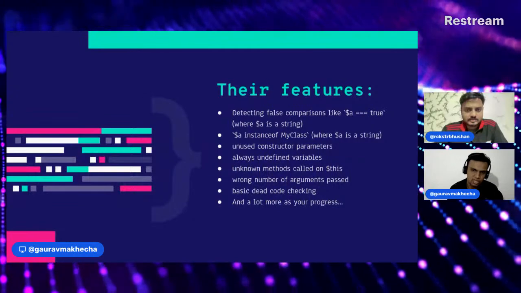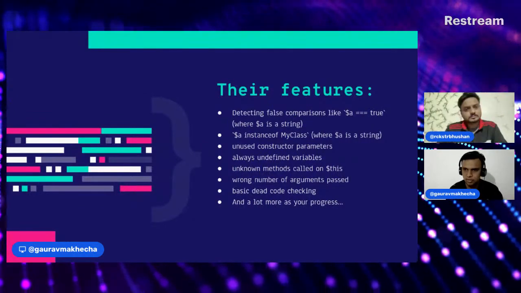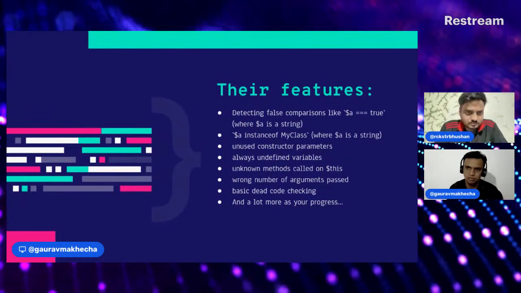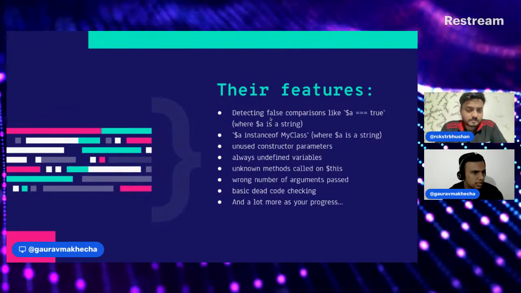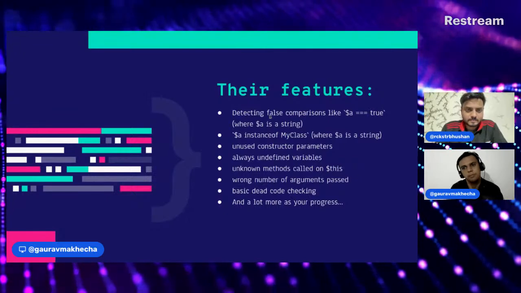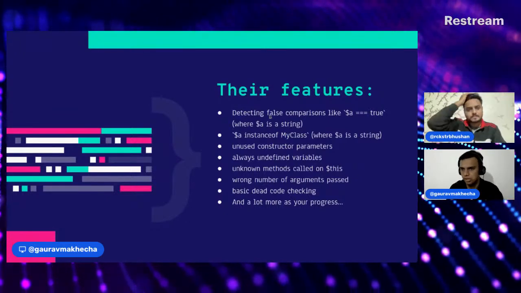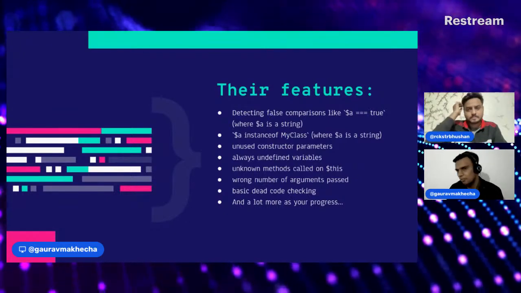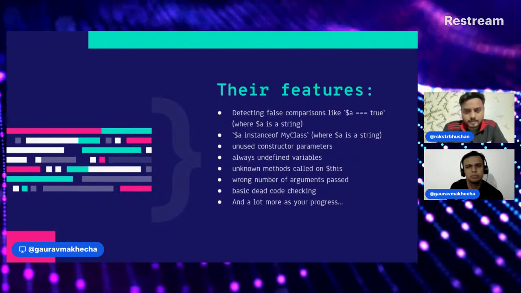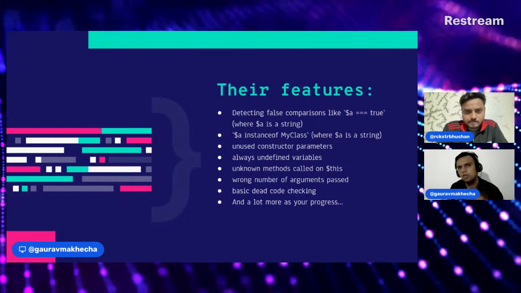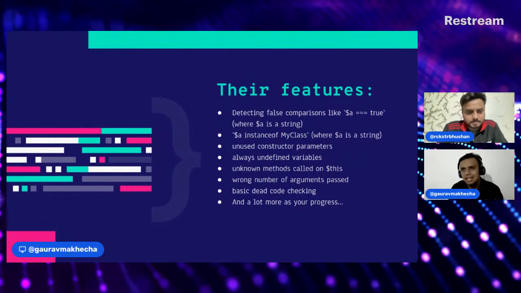In short, some of the features that I've listed here, you don't have to remember. But for example, the first line is that it can detect false comparisons. If we have a variable that is a string and we are comparing it with a boolean, it can tell you that it seems like you're doing something wrong. Even if your program is running, it can sometimes break.